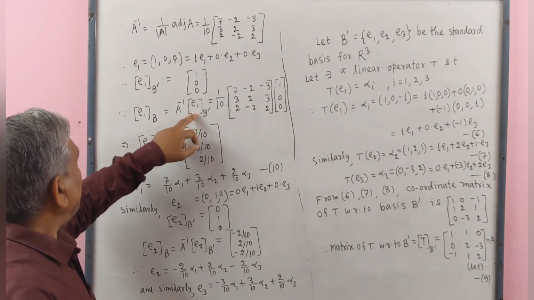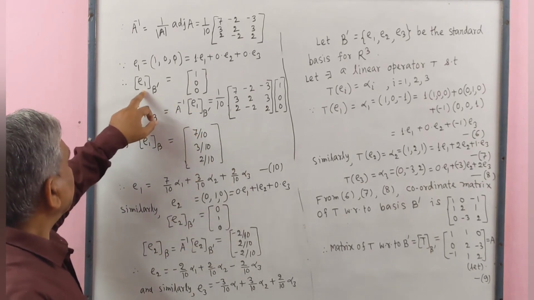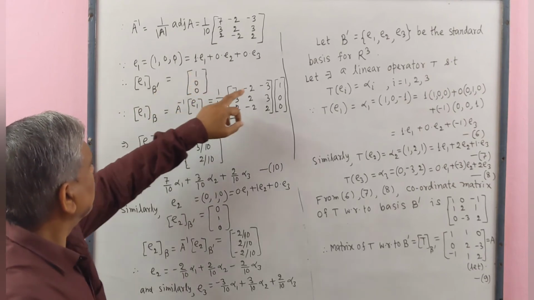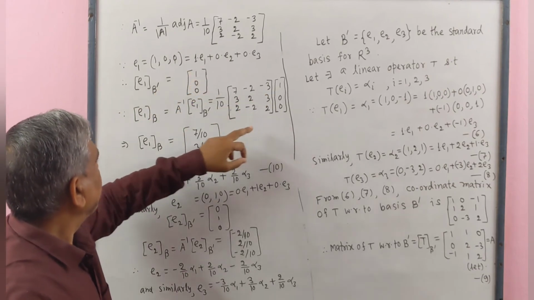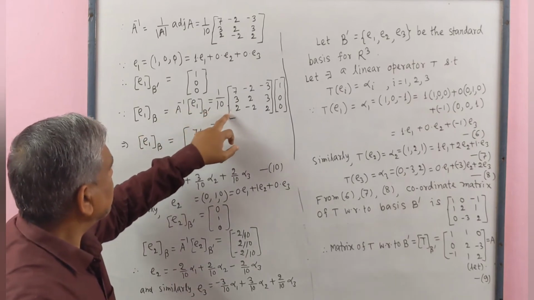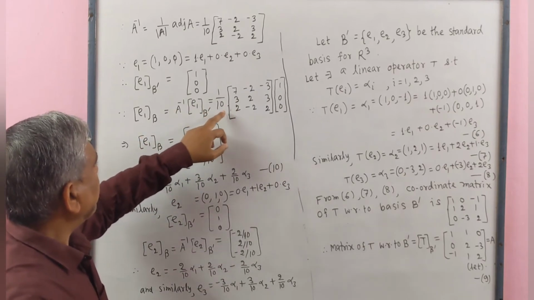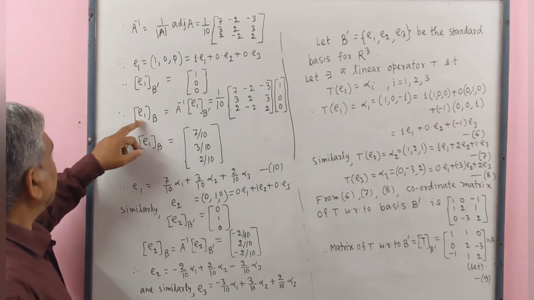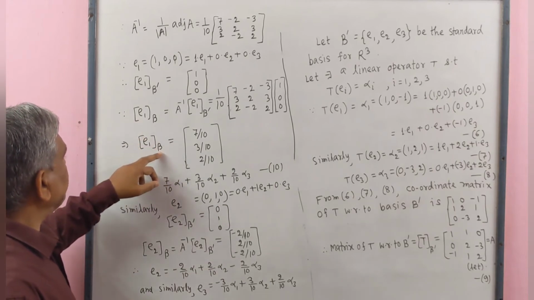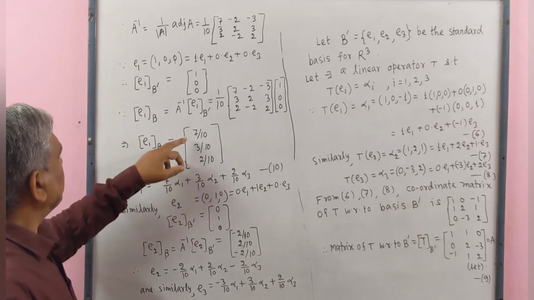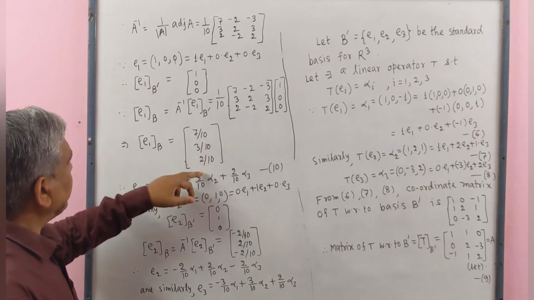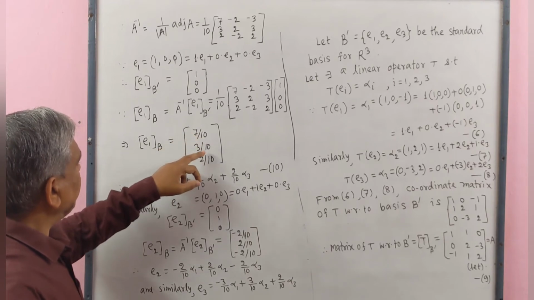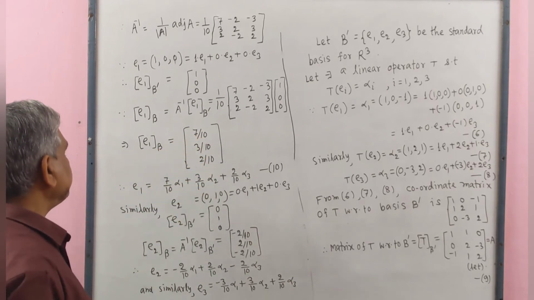The coordinate matrix of e1 with respect to basis B prime is the column matrix 1, 0, 0, and the value of A inverse is this. After multiplying, we get the coordinate matrix of e1 with respect to basis B equal to a column matrix containing the elements 7 by 10, 3 by 10, 2 by 10.